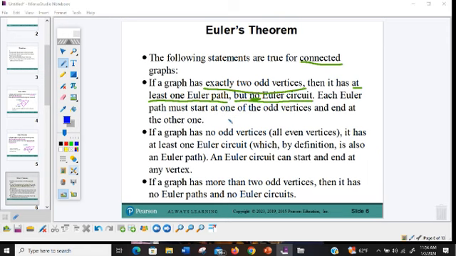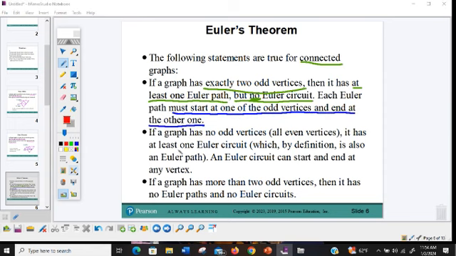Each Euler path must start and end at one of the odd vertices. Has to start at one of them and end at the other one.